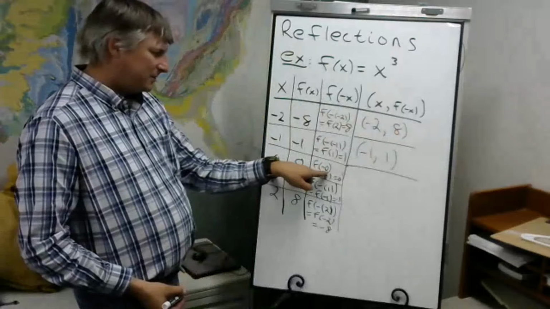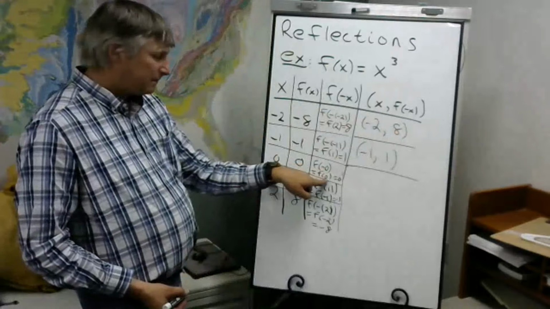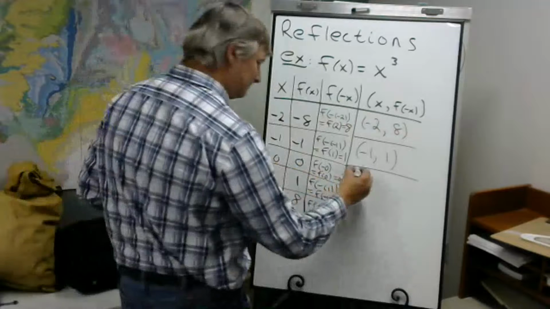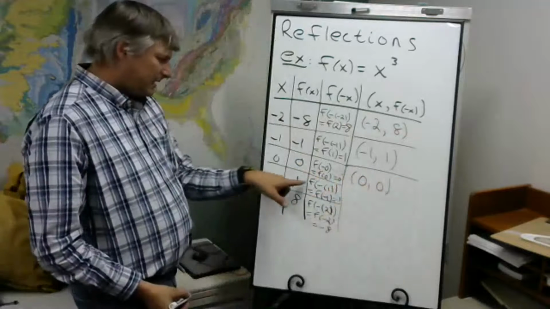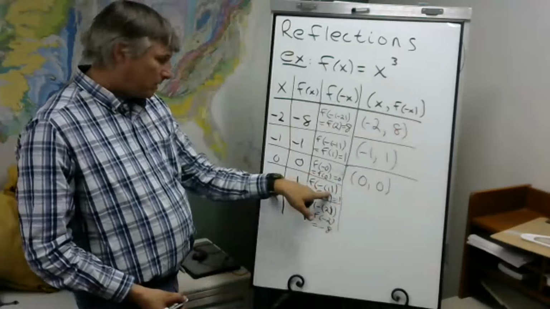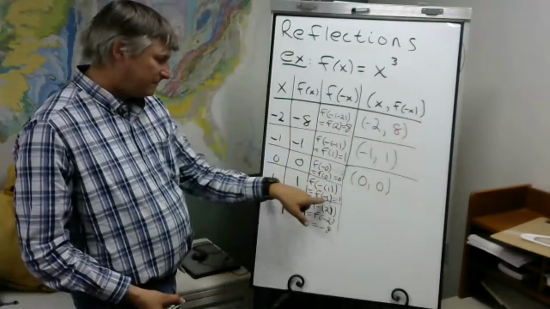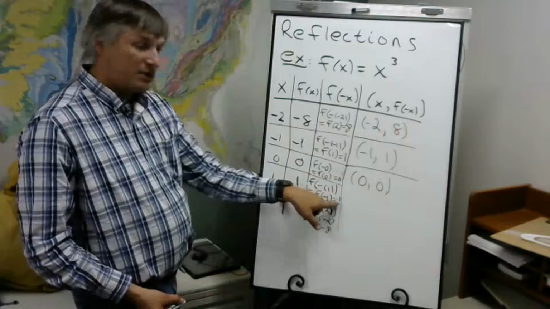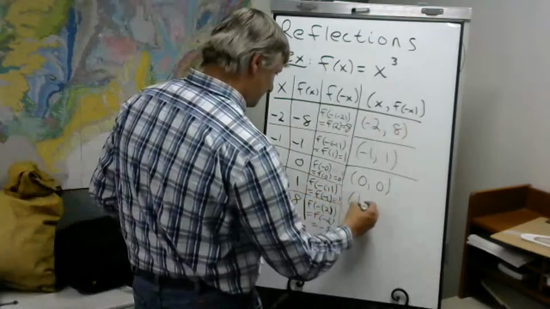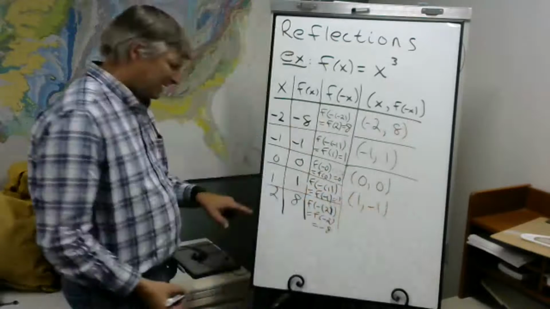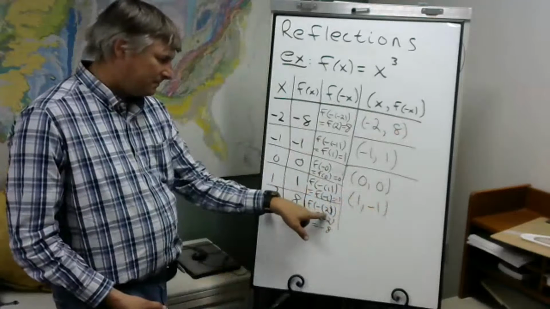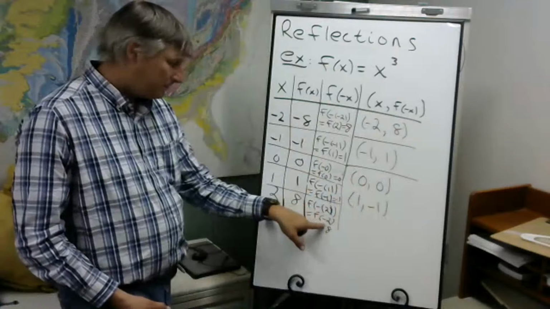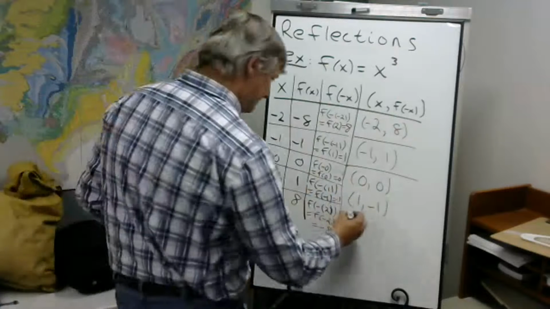F of negative 0, well, that's just f of 0. That's 0. And then f of minus applied to 1, that's just f of negative 1, which is negative 1. And then 2, negative applied to 2, f of negative 2, negative 8.